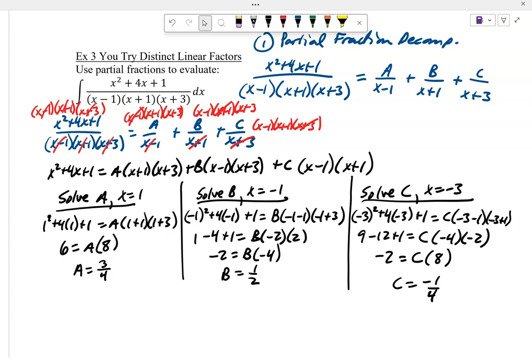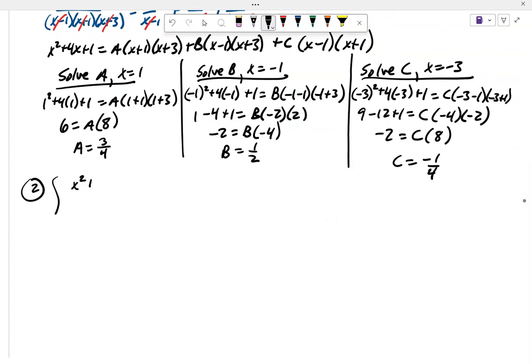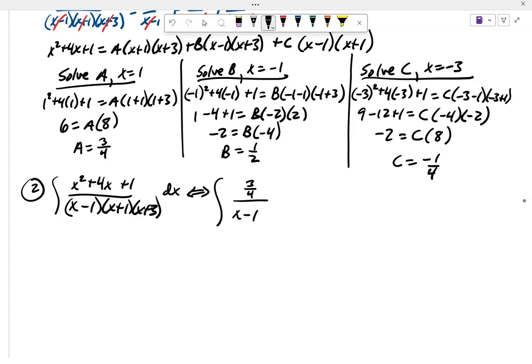Now that I know A, B, and C, this becomes, so I had this, and that was A over x minus 1 plus B over x plus 1 plus C over x plus 3.